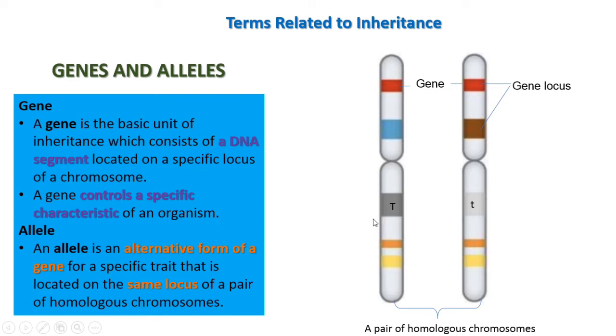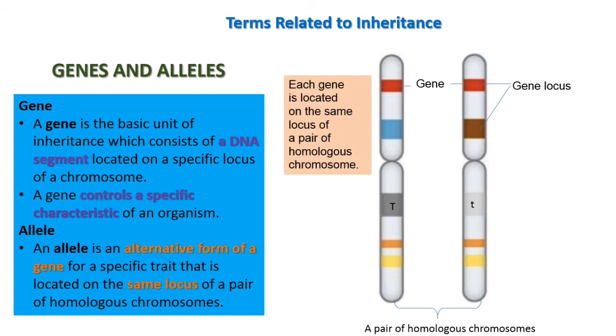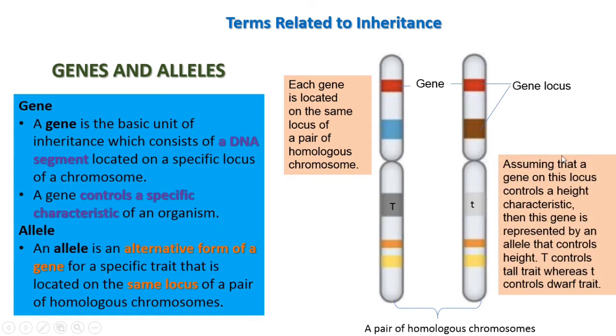Each gene is located on the same locus of a pair of homologous chromosomes. So we are assuming that a gene on this locus controls a height trait. For example, here we assume gene T controls the characteristic of height.